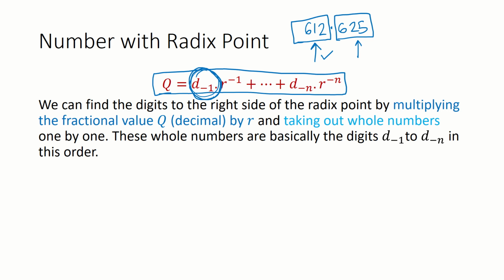So, the fraction that remains, you have to multiply with r again in order to extract d minus 2. In this way we multiply by r one by one and take out the whole numbers one by one, and we will get the digits d minus 1 to d minus n.